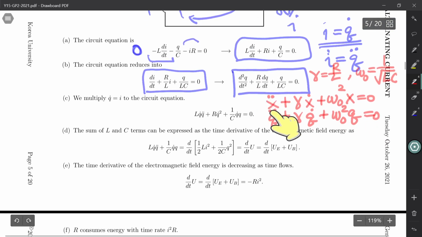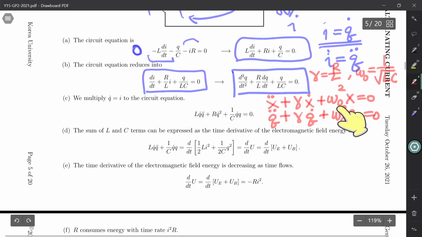So the RLC circuit is simplified into Q double dot plus gamma Q dot plus omega 0 squared Q equals 0. That is consistent with the damped harmonic oscillator.